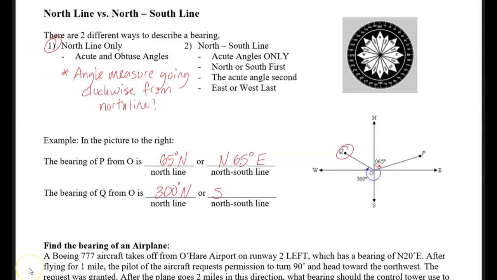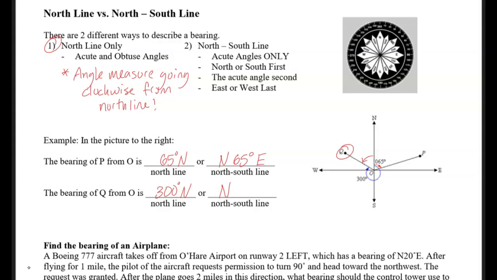Okay. So now we are doing the north-south line. So we look at our Q again and we ask ourselves, okay, which one is closer, the north line or the south line? North is. So again, I have north first. And from this north line, we have to ask ourselves, how big is that angle measure there?